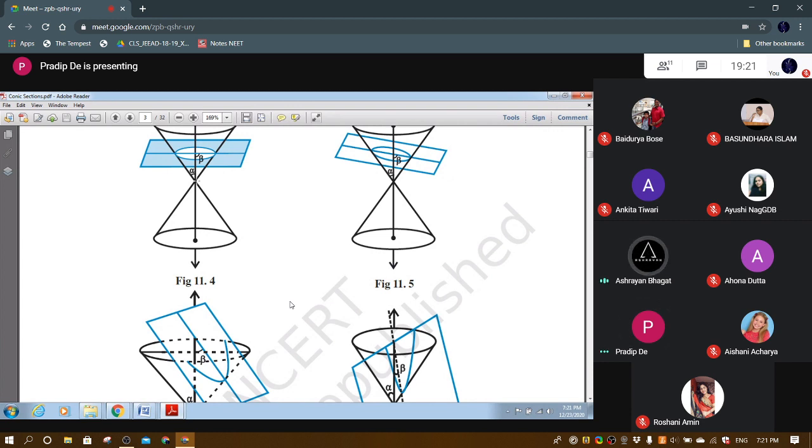When beta is more than alpha, it will always be a point. In which cases it will be a circle, it will be a point?